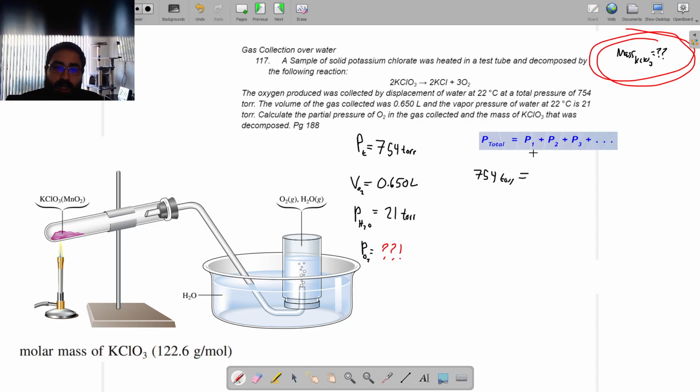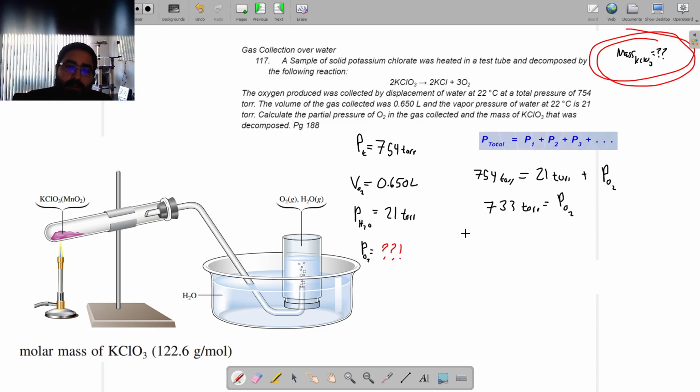So the pressure of P1, let's call that H2O, is 21 torr. And we don't know the pressure of O2, so we'll say PO2. We're going to subtract: 754 minus 21. 5 minus 2 is 3, 4 minus 1 is also 3. So we get 733 torr, which is the pressure of O2.